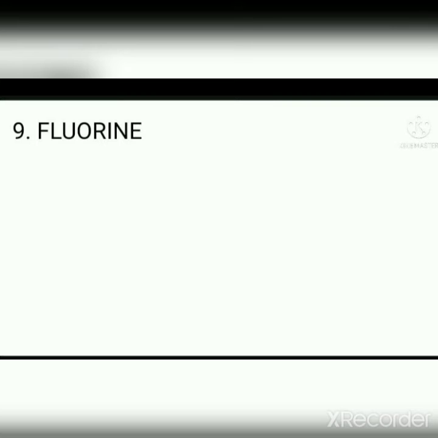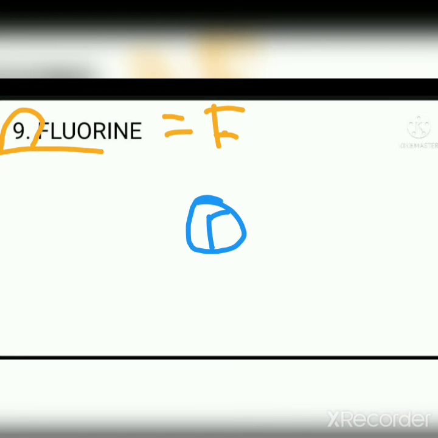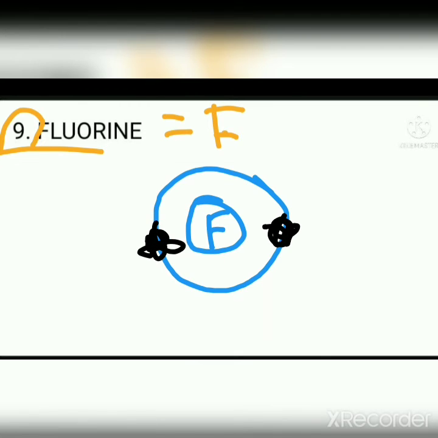First, the atomic number of fluorine is 9, and the symbol of fluorine is F. Now I will make a circle and write the symbol F in it. Then I will make another circle with 2 electrons, first one here, second one here.